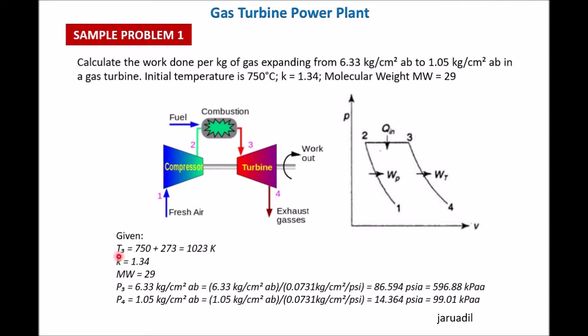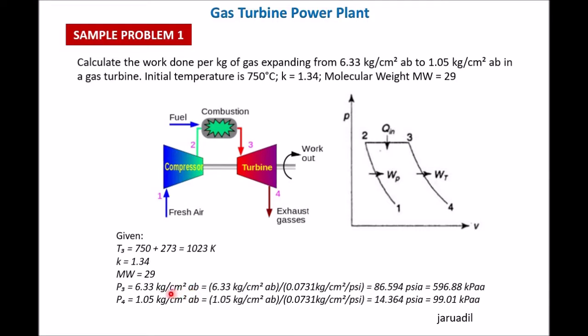So we have here T3 is equal to 750 Celsius. To convert it to Kelvin, we add 273. And the pressure at the start, so that is 6.33 kilogram per square centimeter. This is the pressure here at the start of the expansion process. So that is 6.33 kilogram per square centimeter absolute.